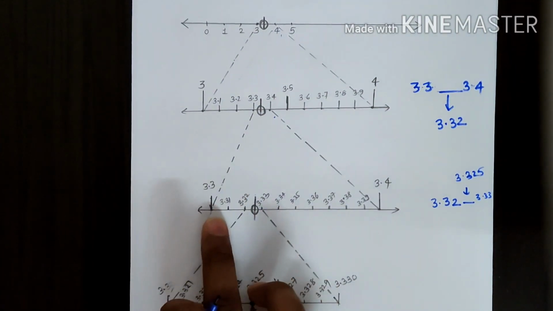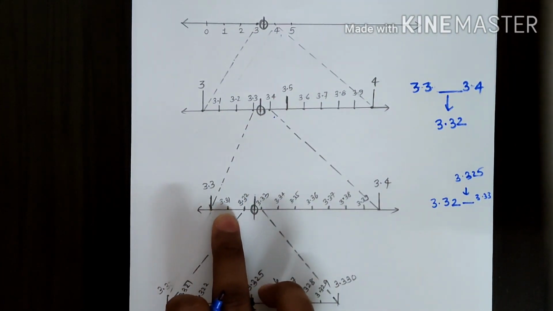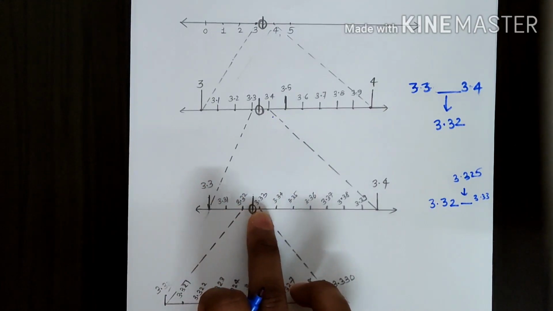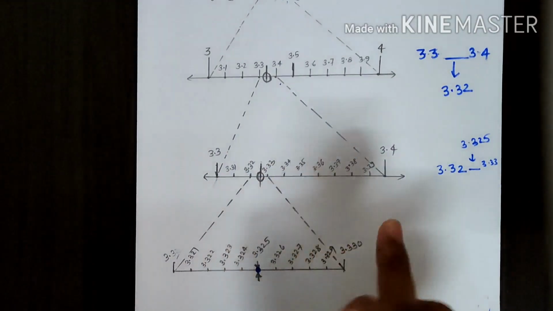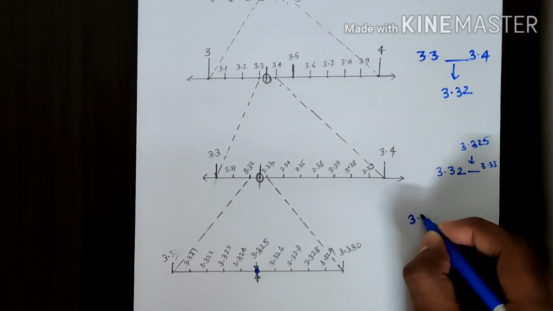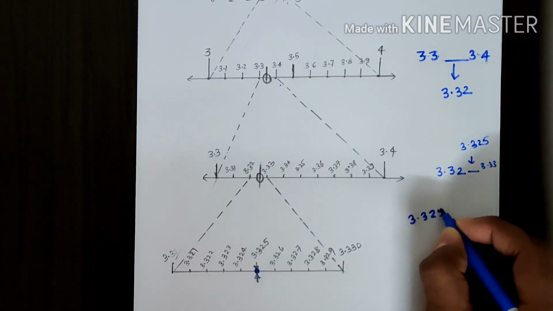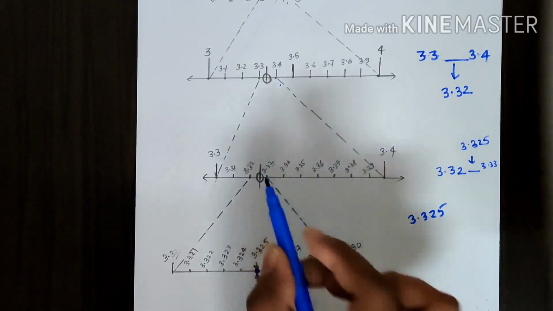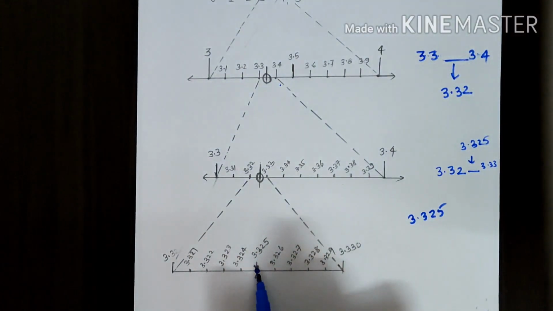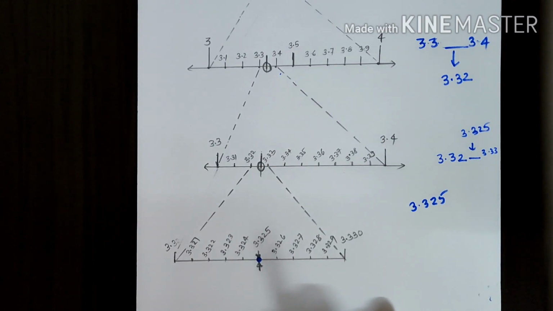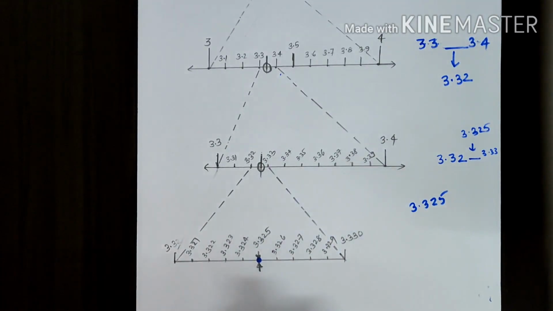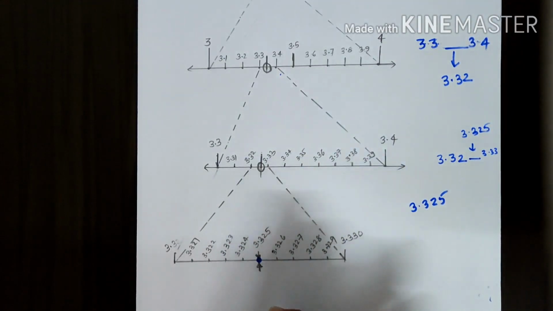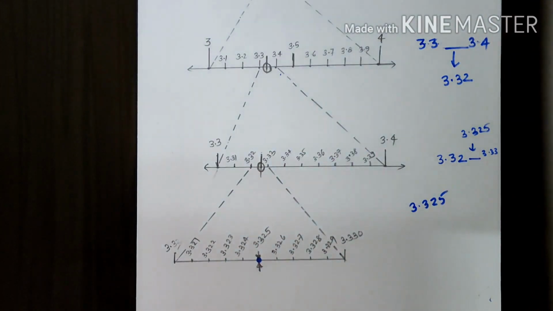So there are 10 parts: 3.31, 3.32, 3.33 and so on. Now our main number 3.325 will come in between 3.32 and 3.33. So we need to magnify again, and here is our answer, 3.325. So we have used the successive magnification method to represent this number on the number line.